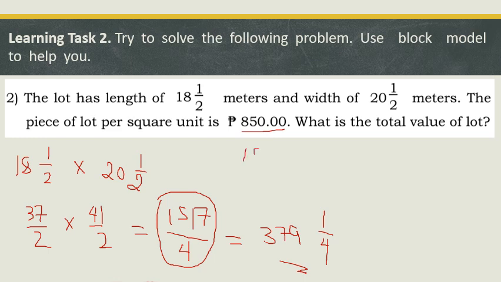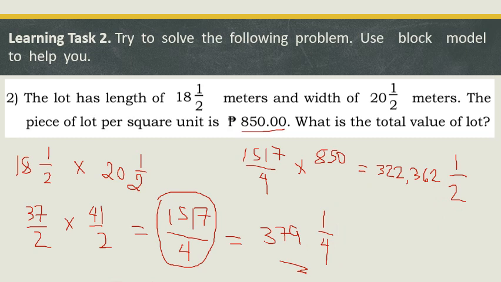So, 1,517 over 4 times 850. So, pag multiply natin ang 1,517 sa 850, ito po ay magiging 1,289,450 over 4.